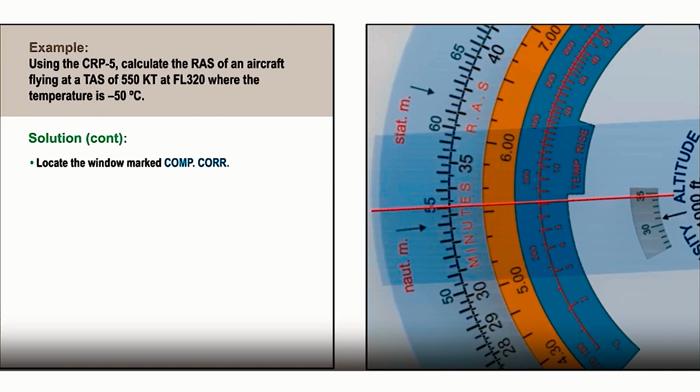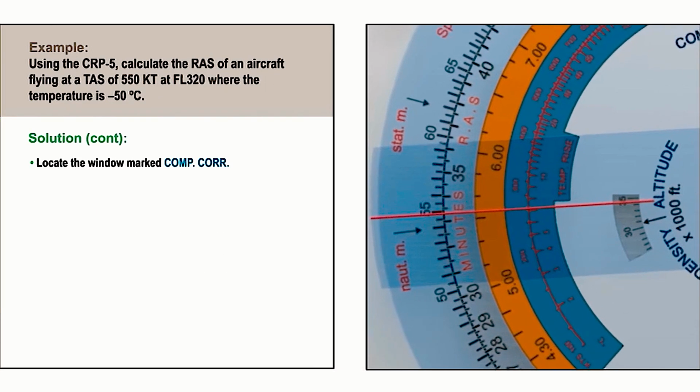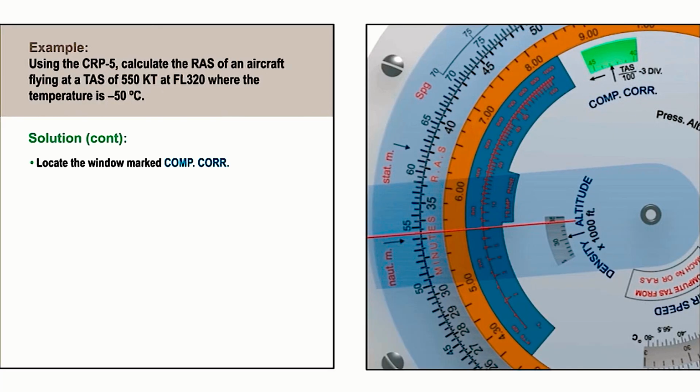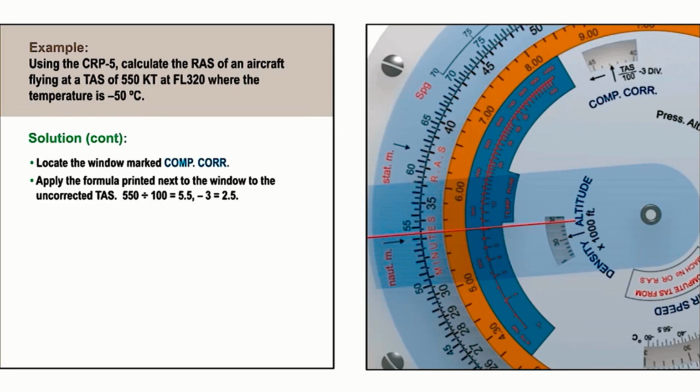To do this, we locate the window marked Comp Corr and apply the formula printed next to the window to the uncorrected true airspeed. So, 550 divided by 100 is 5.5, minus 3 gives us 2.5. Move the vertical pointer in the Comp Corr window 2.5 divisions to the left in the direction of the horizontal arrow.